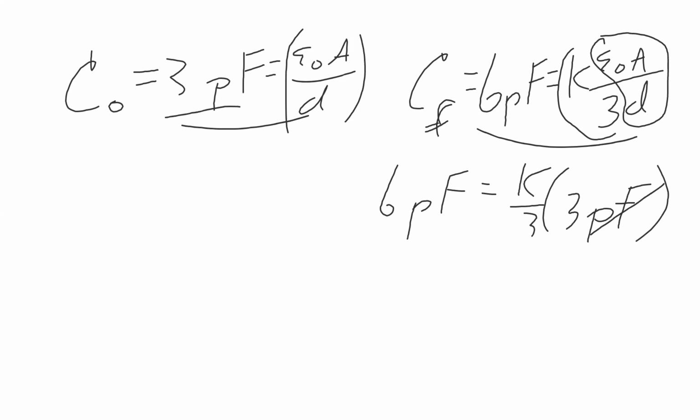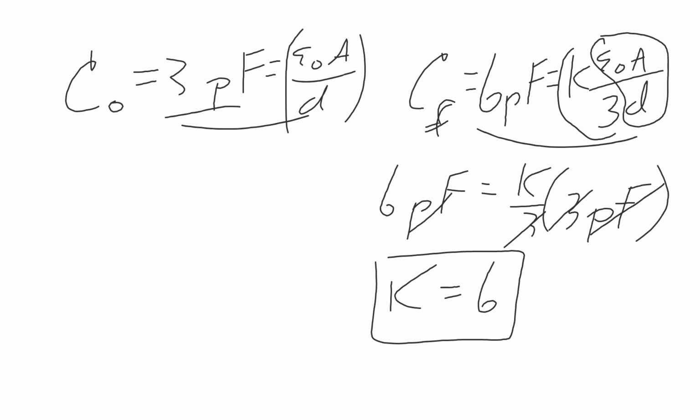And then, picofarads cancels out of both sides. We have a 3 that cancels out of top and bottom, and that'll give you a kappa that's equal to 6. There are other ways to solve the problem as well. You could set up a ratio, divide one by the other and then cancel some stuff out. But ultimately, those are the types of problems that you need to do.